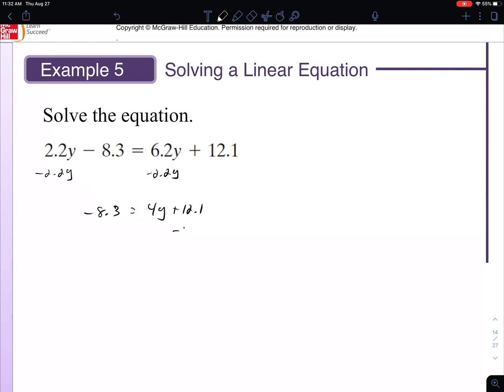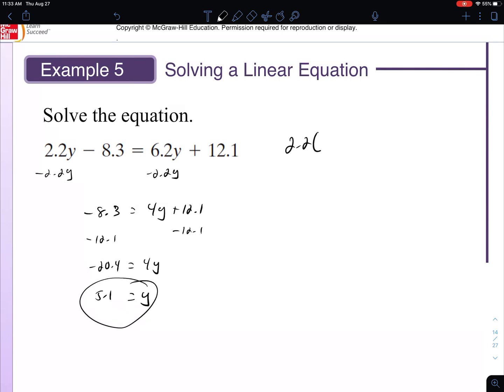So in this case, I'm going to subtract the 12.1 from both sides. So if I do negative 8.3 minus the 12.1, I get negative 20.4, right? And if I divide that by 4, I get that y is equal to 5.1.